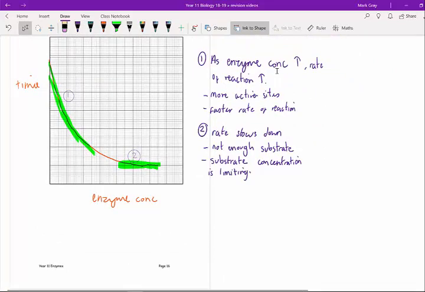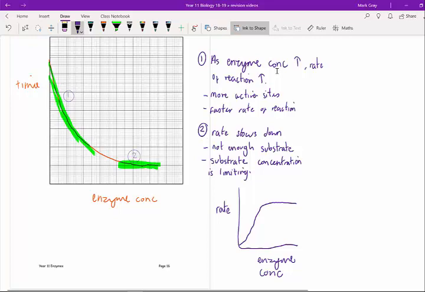Now, by the way, this pretty much applies for any graph where we're looking at enzyme concentration. I know that the time taken goes down here, but what about if it was this way, with enzyme concentration and the rate of reaction here? What could happen is, as the enzyme concentration increases, rate of reaction increases, but then it starts to level off.